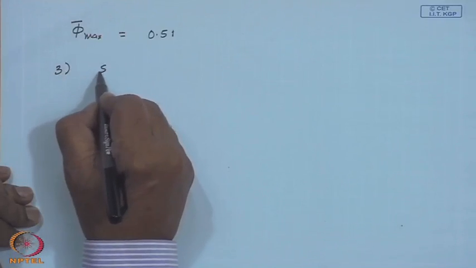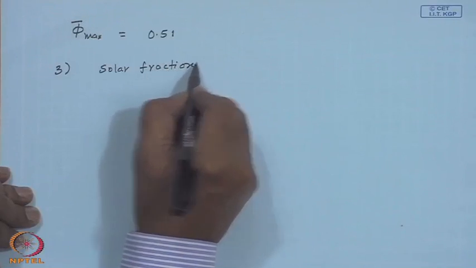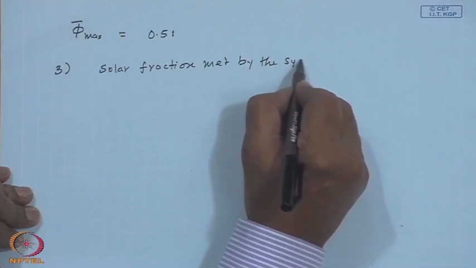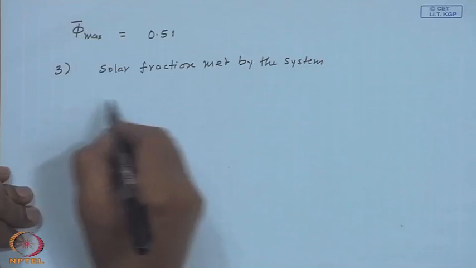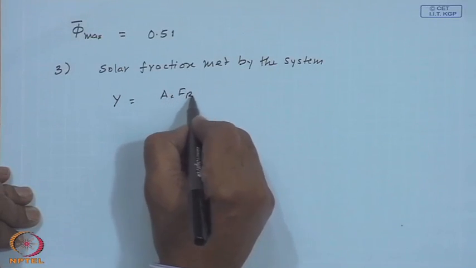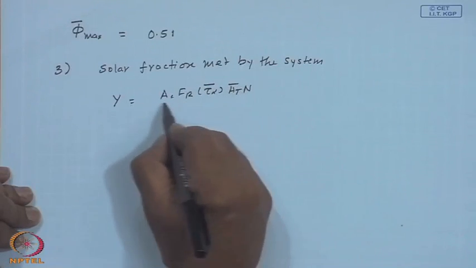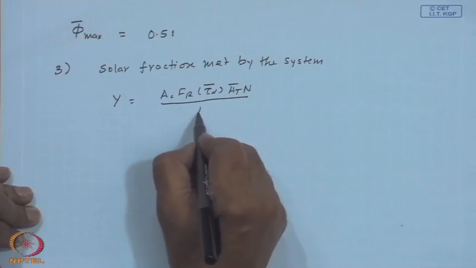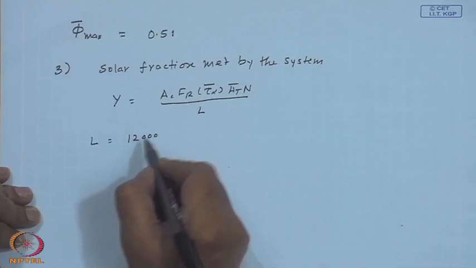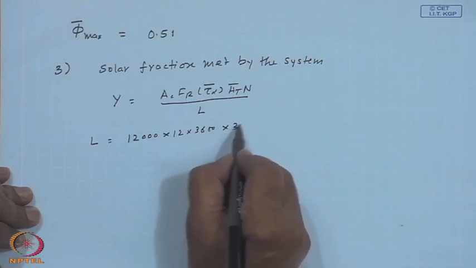Third part, solar load fraction met by the system. So, we need the variables y, which is AC, FR, tau alpha bar, HT bar, n number of days in the month by the load. The load in this case will be 12 kilowatts, that means 12,000 watts for 12 hours multiplied by seconds multiplied by 31.